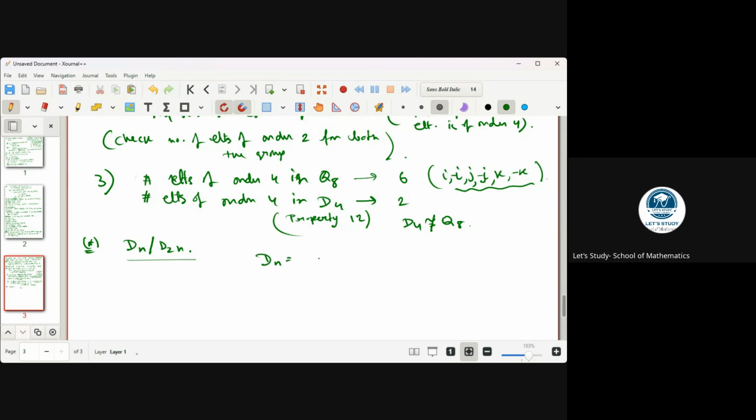Dn is nothing but the group generated by a, b such that the order of a equals n, the order of b equals 2, and b inverse is a inverse. This is the group Dn, generated by these elements.